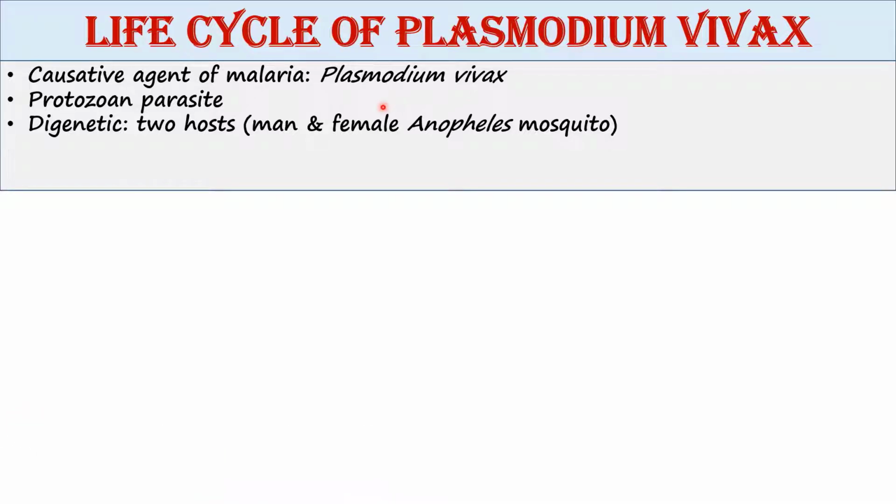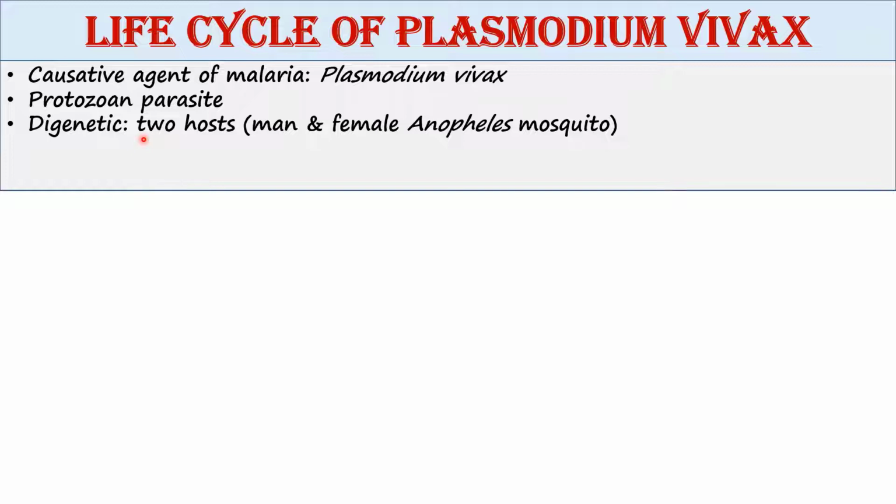Plasmodium vivax is a single-celled parasite. It is a protozoa and causes malaria. It requires two hosts to complete its life cycle. As it requires two hosts, it is called digenetic.